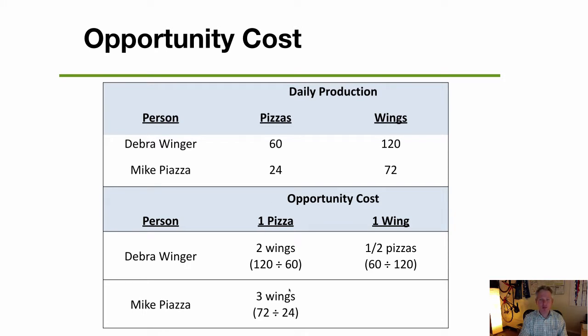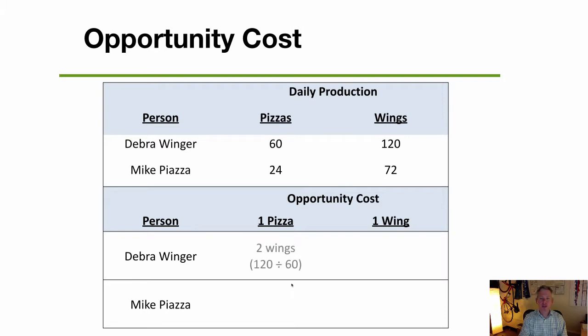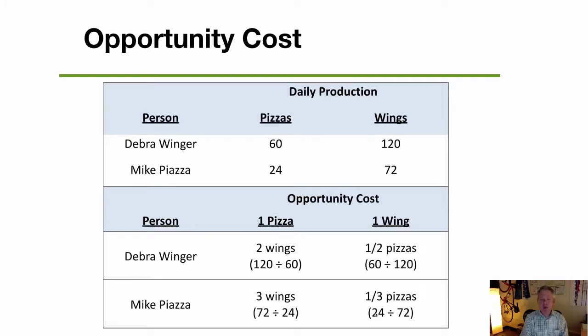Again, we wanted 1 pizza, so pizza goes in the denominator, and we get it in terms of wings. The same thing here. What is the opportunity cost of him producing 1 more wing? Again, wings goes in the denominator, and pizzas goes in the numerator, so we get 1/3 pizza.